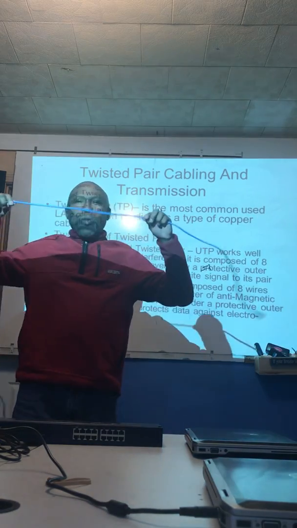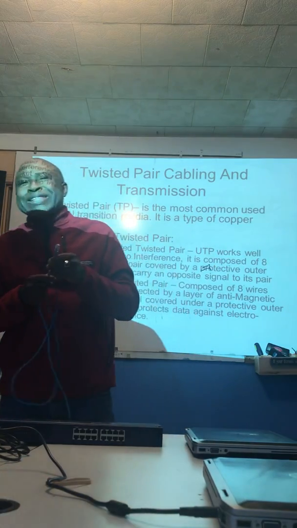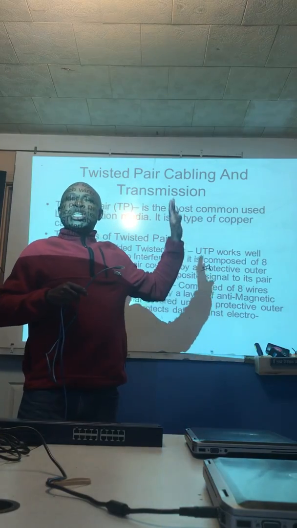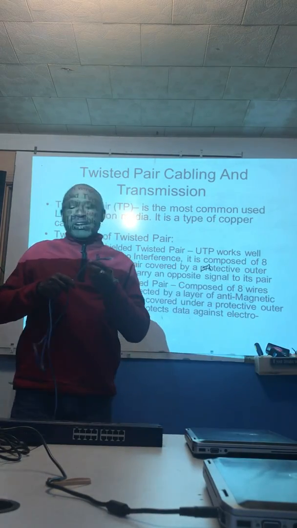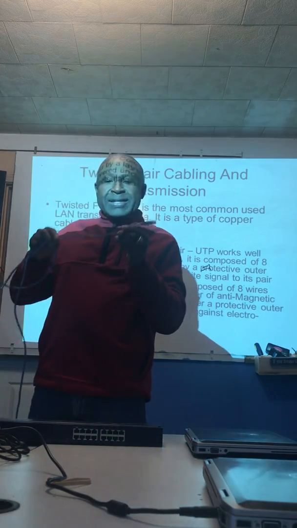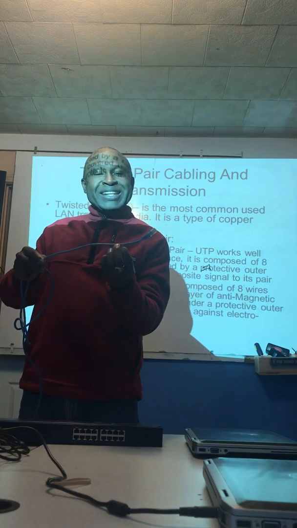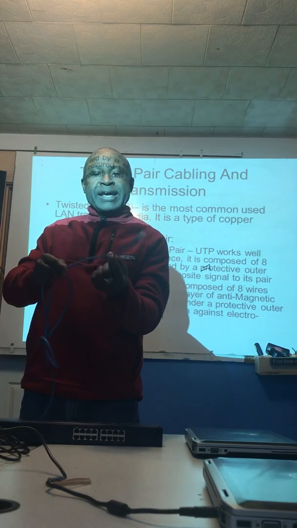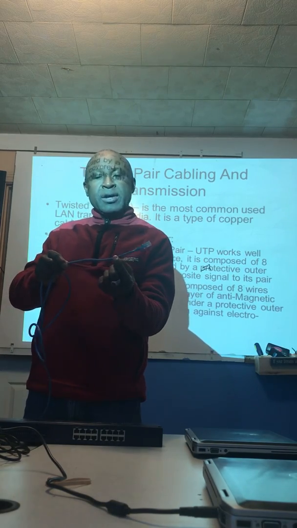But what I want you to understand also is that there are 2 types of twisted pair cable. There are shielded twisted pair and unshielded twisted pair. Earlier I said there are 8 wires inside this cable, and on the outer part is a plastic jacket.